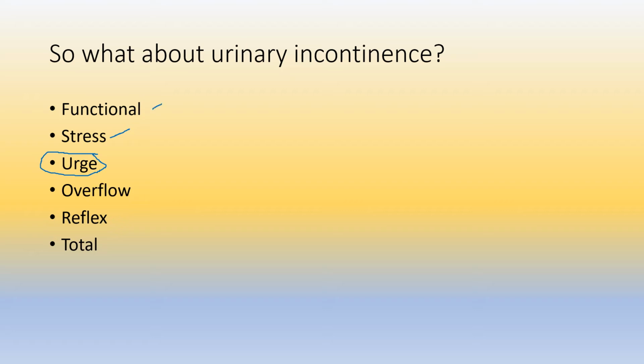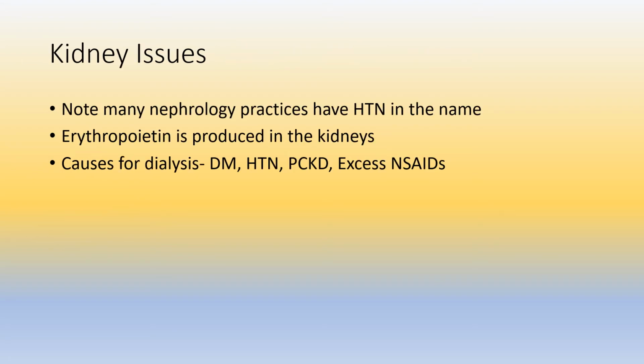Functional incontinence is actually just not being able to get to the bathroom on time. Overflow incontinence is when you have a full bladder and you can't empty it and you just overflow. That's usually related to a man that has a prostate problem. Reflex incontinence would be something that a spinal cord injury would get, and total incontinence is self-explanatory.